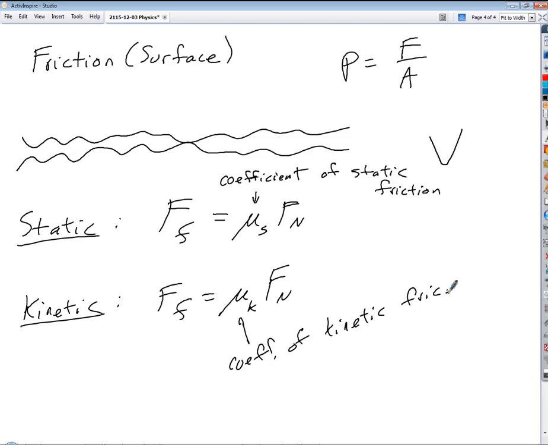And how do we get them? You measure them. The coefficient of static friction for, say, rubber on smooth concrete is a number that people have measured in a laboratory and published in a list. That's all it is, seriously.